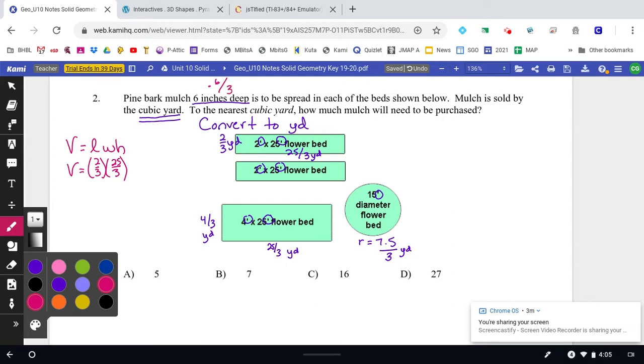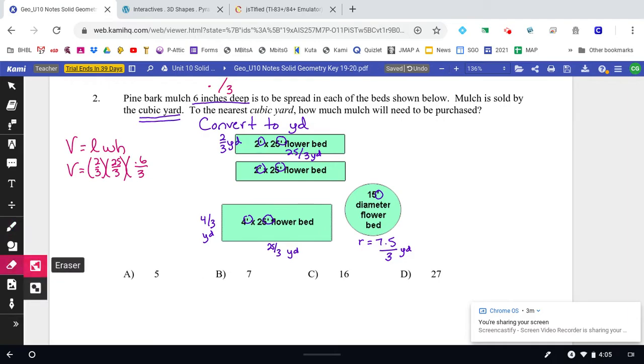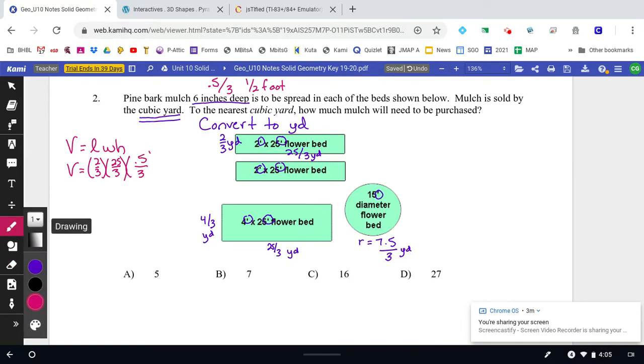Not to make this too complicated, but it's half a foot, so this is going to be 0.5 thirds. I plug that into my calculator, and I get 25 over 27 yards cubed.